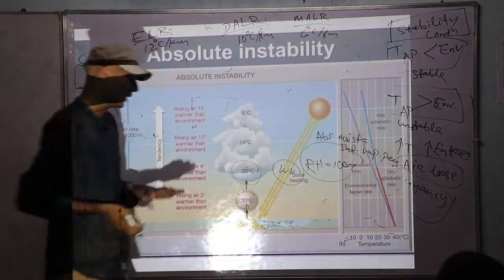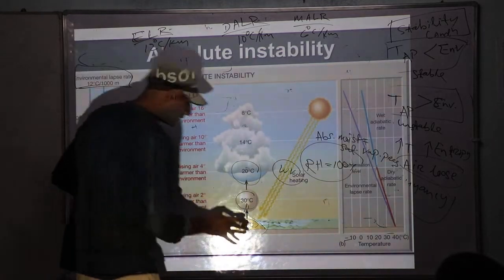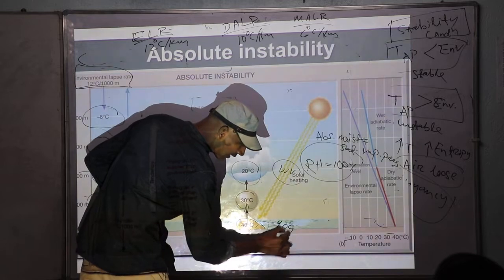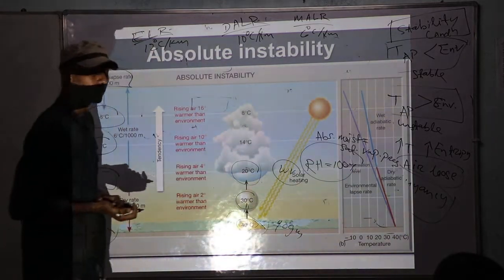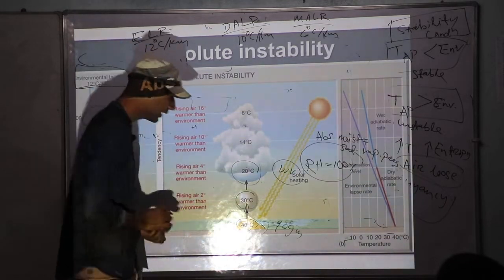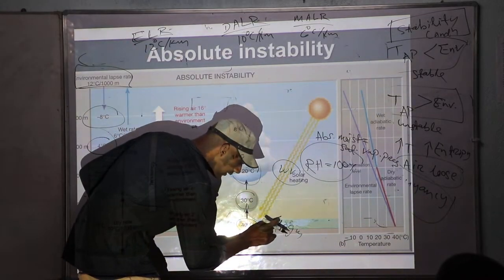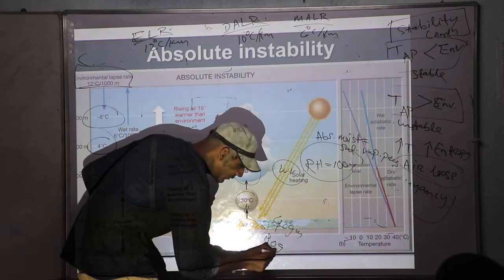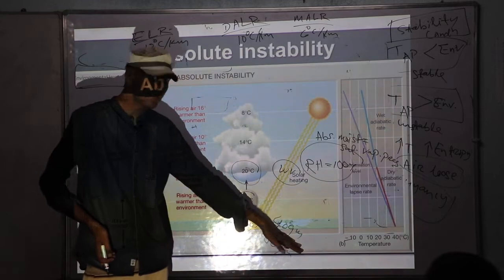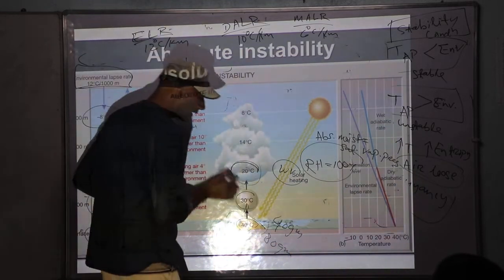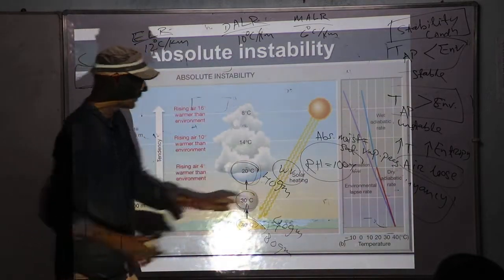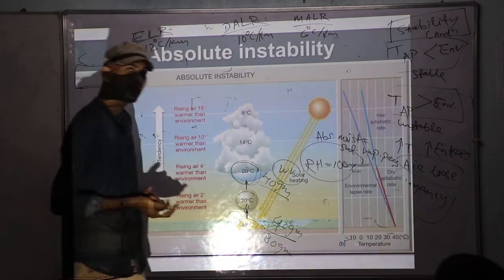That means if in the previous case I have taken the example, let's say at 40 degrees centigrade it is containing 40 gram water vapor, but it is unsaturated because at 40 degrees centigrade it requires, let's say, 80 gram water vapor to get saturated. But when it contains 40 gram and its temperature is 20 degrees centigrade, you can see here the temperature is decreasing, the vapor amount is constant, the moisture content is constant.